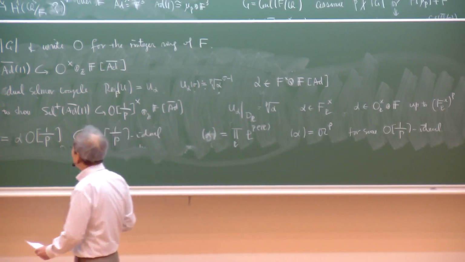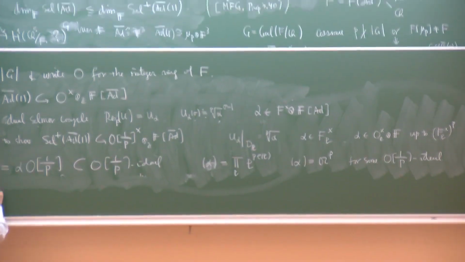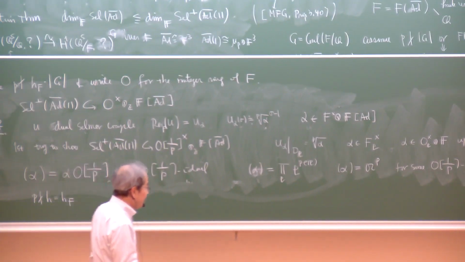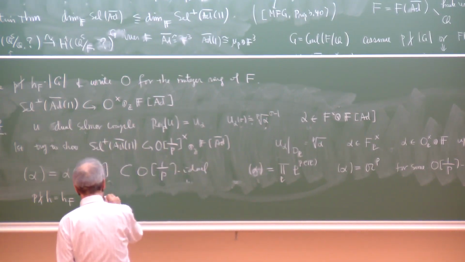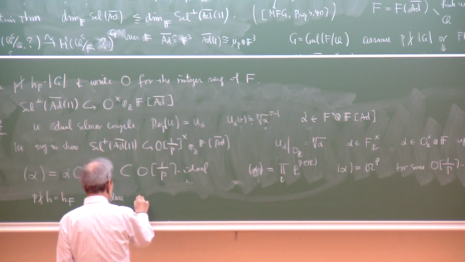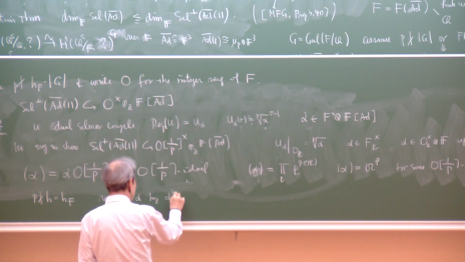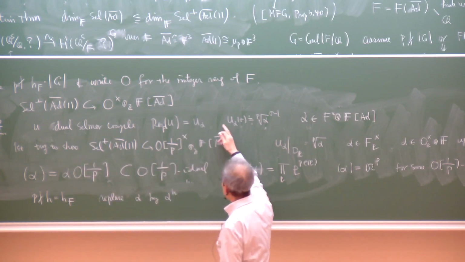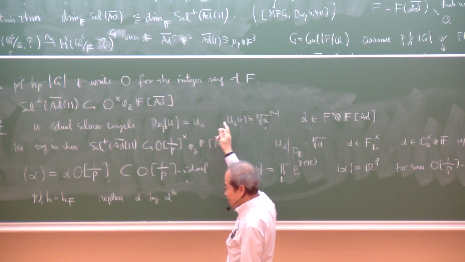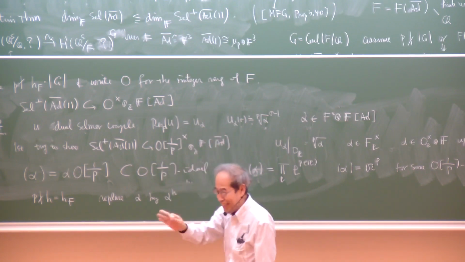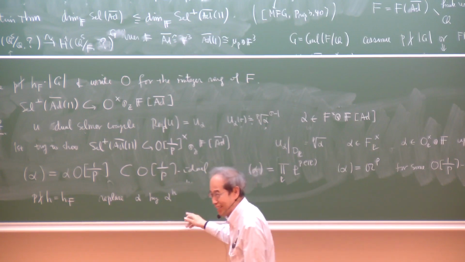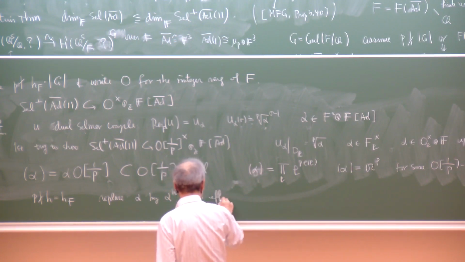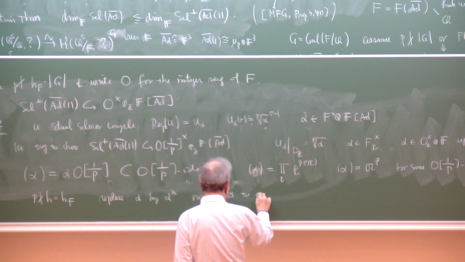So I use the assumption here, p doesn't divide h, h_F. Then you replace alpha by alpha to the h. What happens? This cocycle will get multiplied by h, but h is not divisible by p, so it doesn't have any real effect. So I can do that. Okay? No effect to our proof.